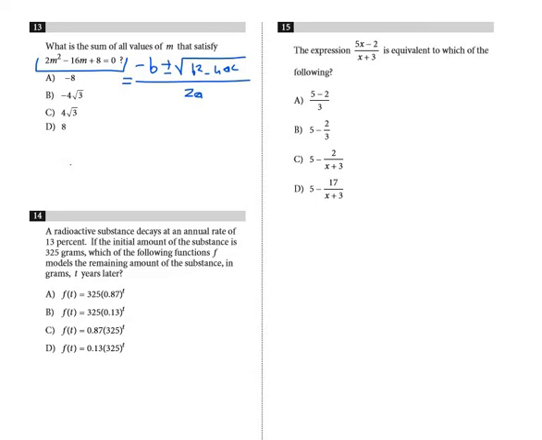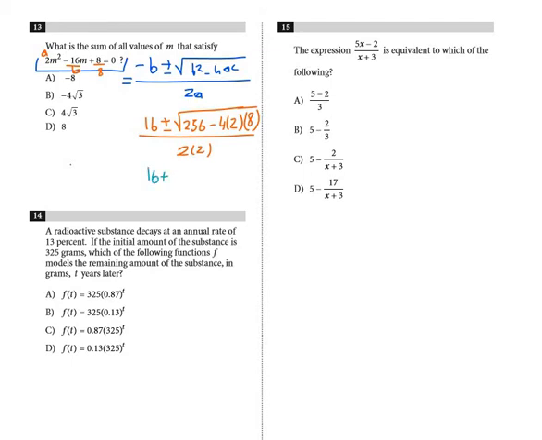It's equal time. So our A term is 2, B term is negative 16, and C term is 8. So negative 16 will be positive 16, plus or minus the square root of negative 16 squared, which is 256, minus 4 times the A term times the C term, divided by 2 times the A term.